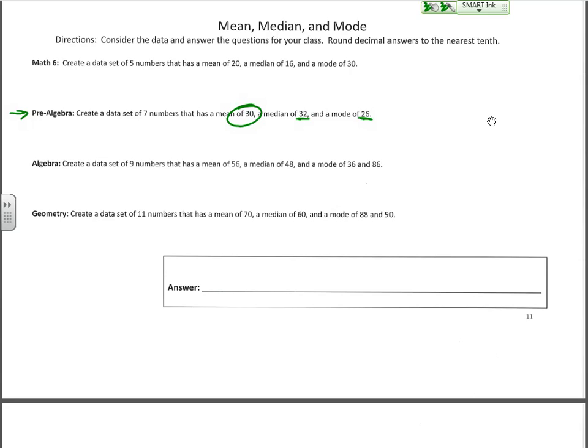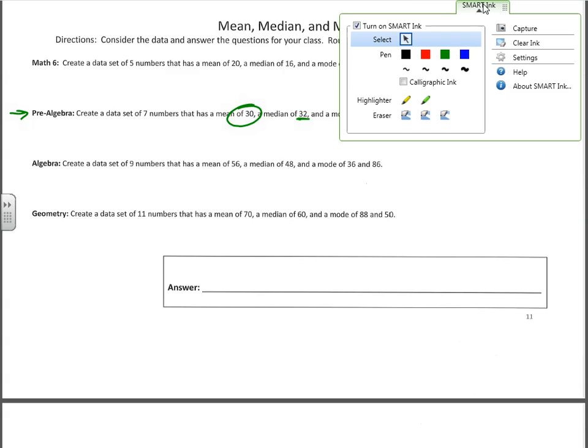So I should say you get to pick the other 4, because 26 has to be in there at least twice. So you must have at least 2 26s. You've got to have a 32. Those are set numbers, but then the other numbers after that get to be your choice. Okay, so a mean of 30, median of 32, and a mode of 26.